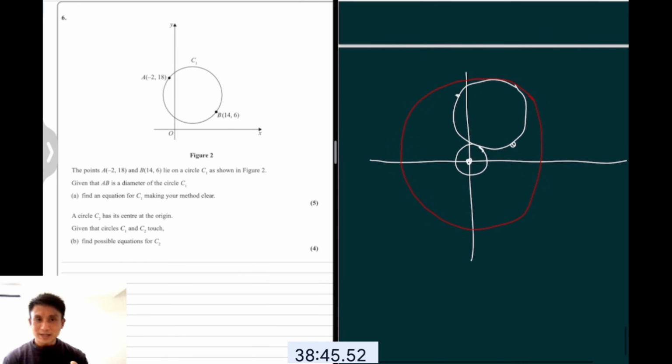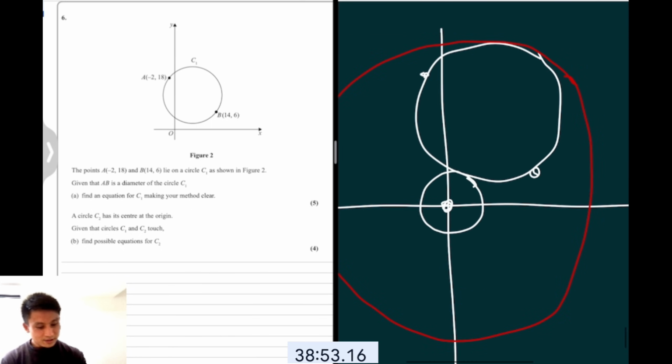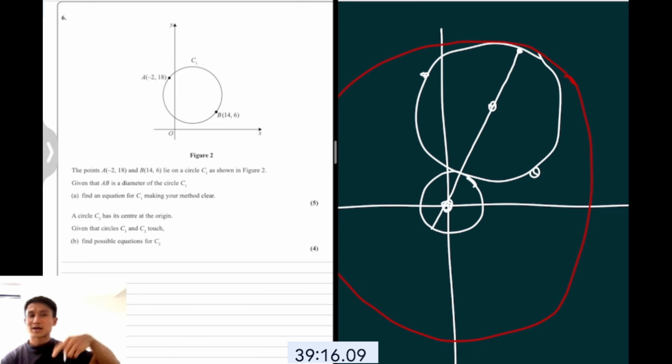Now, how do we get the equation? Well, it's basically x squared plus y squared equals r squared. So that means we need to find the radius, and the radius is just that guy there or this guy. When you have two touching circles and you draw a line passing through the two centers, the line from one circumference to the other side of the other circle's circumference is just the sum of the diameters of the two circles.